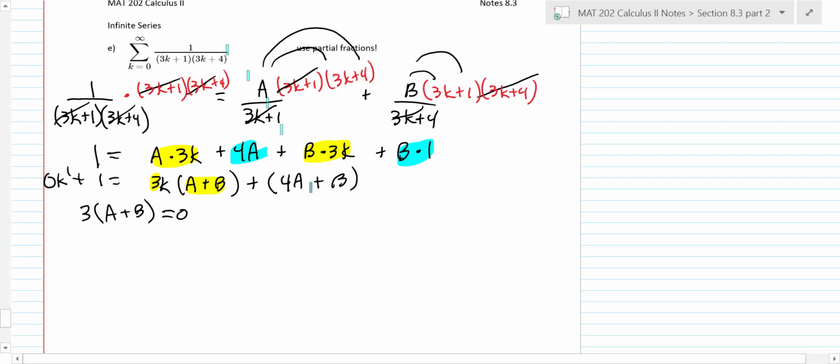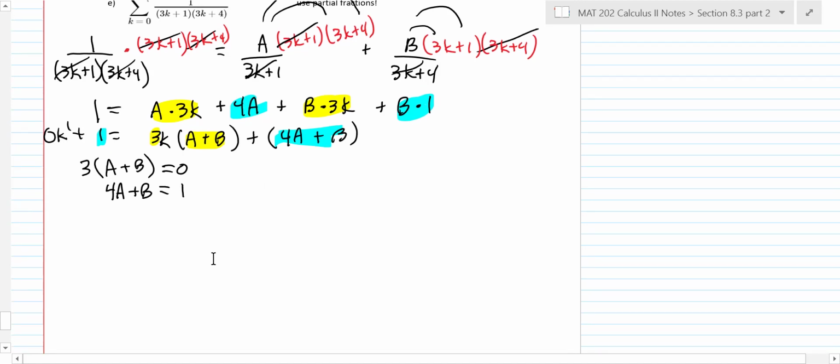Now, can you tell me what 4A plus B would have to be? That's the constant term, so it's equal to 1, right? So 4A plus B is equal to 1. Now we need to solve that system.